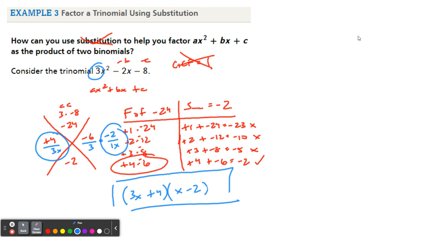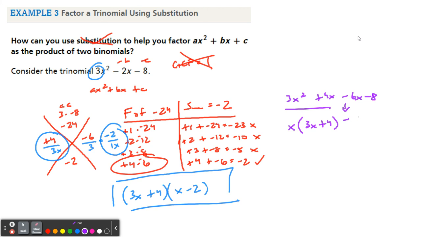Okay, and again, maybe I'll just show the grouping real fast. So once you get that it's positive 4, negative 6, again, you would do 3x squared plus 4x minus 6x minus 8. So 3x squared and 4x have a common factor of x. That's 3x plus 4. Again, I'm doing it very fast for those who want to do it this way and have an idea. Bring down the minus sign this time. Now this is tricky.